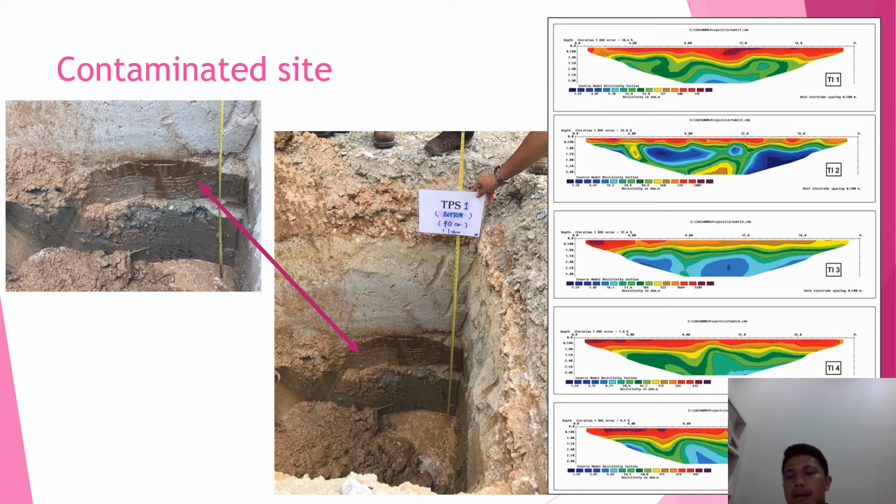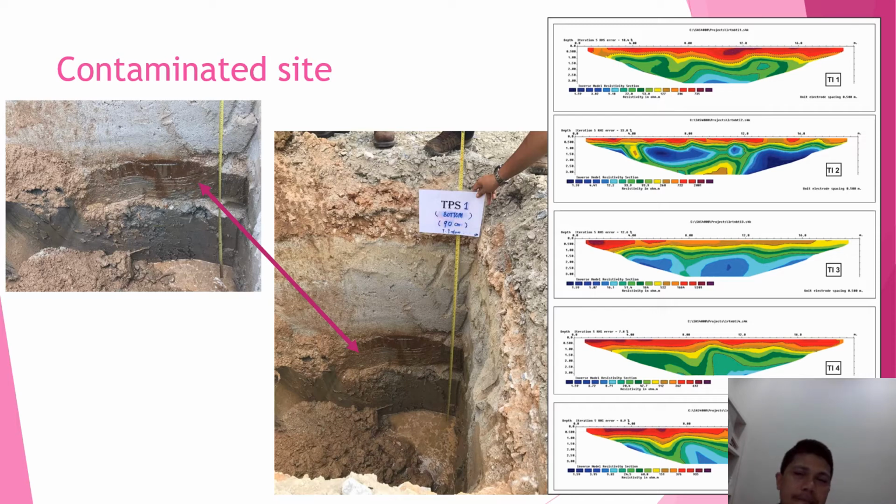Okay, maybe I discuss a little bit about this result. So we have 1 2 3 4 5. What I want to say here, at the top you can see the profile with very high resistivity value compared to the bottom part.